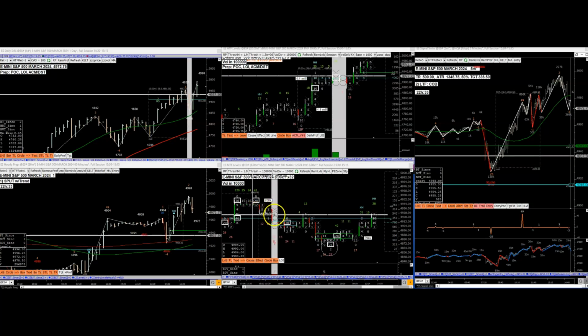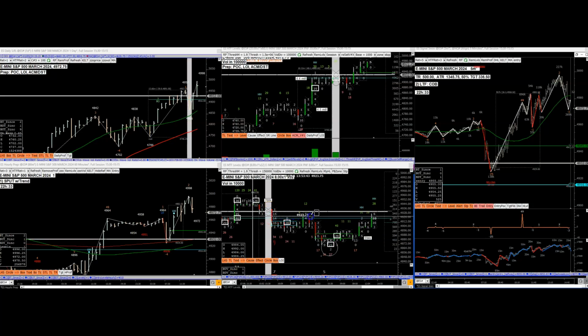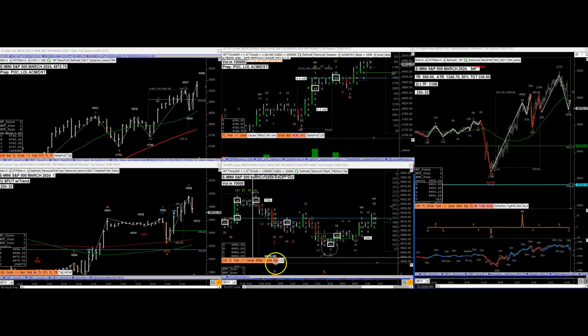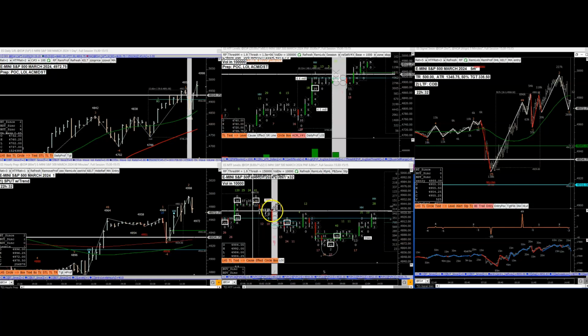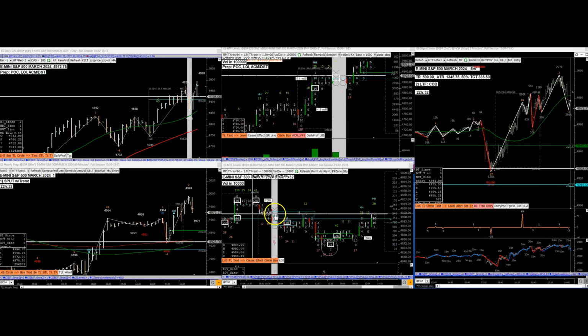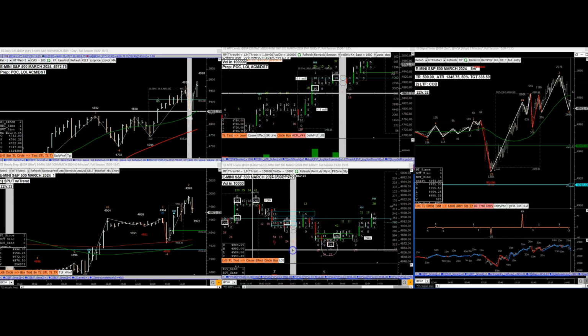That's a pretty big advance. And we see this works. Where's 14? Boom, goes here and goes lower.